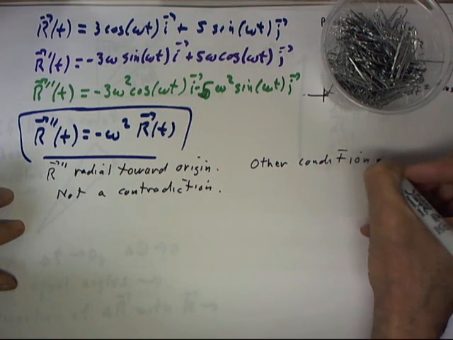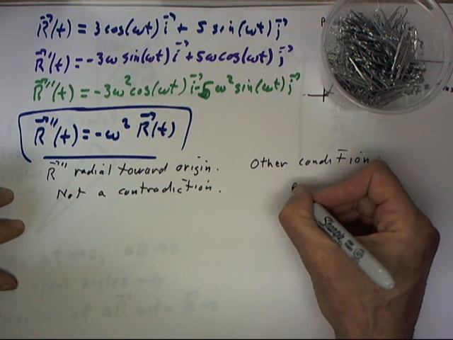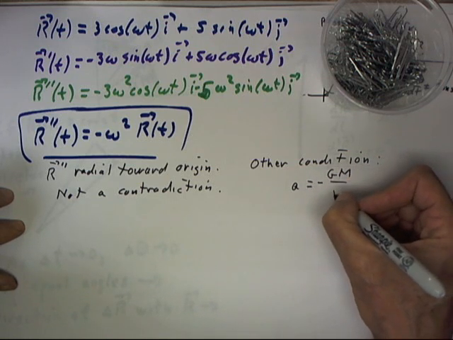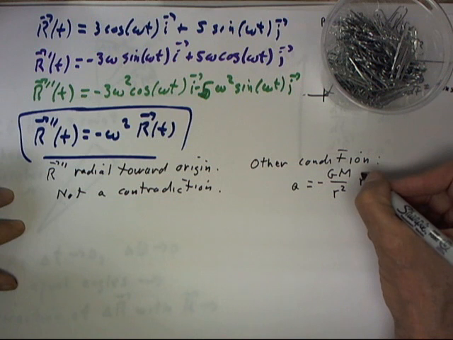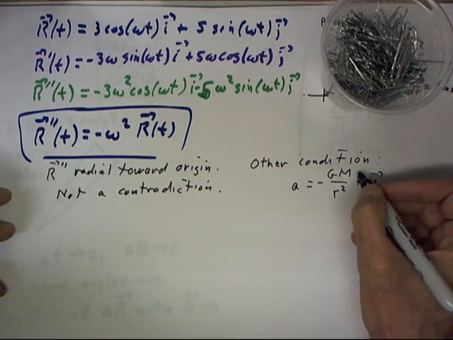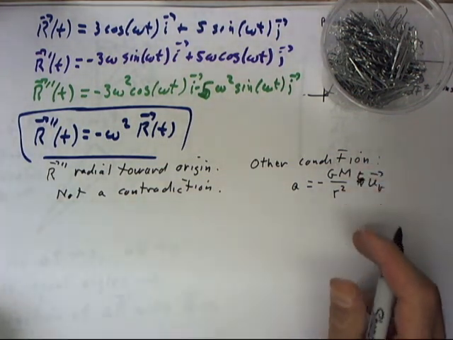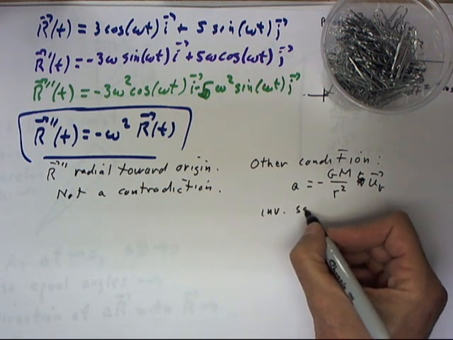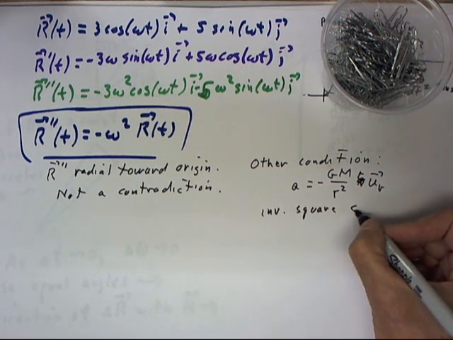The other condition was that the acceleration be negative G M over r squared times our radial vector, and that's not r, that's u sub r. I'm not going to bother to blot that out. Inverse square condition.